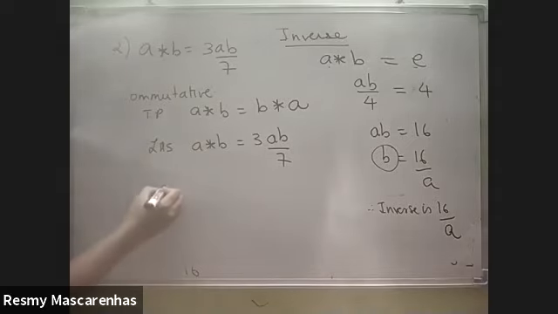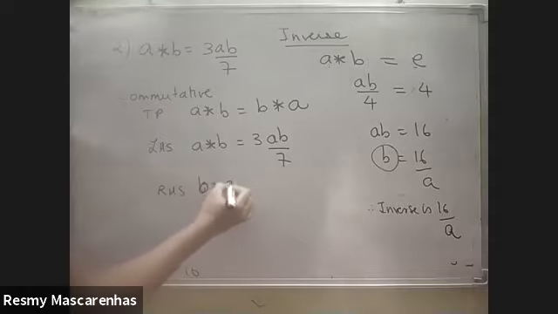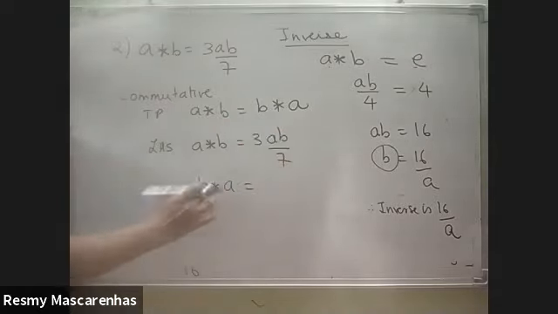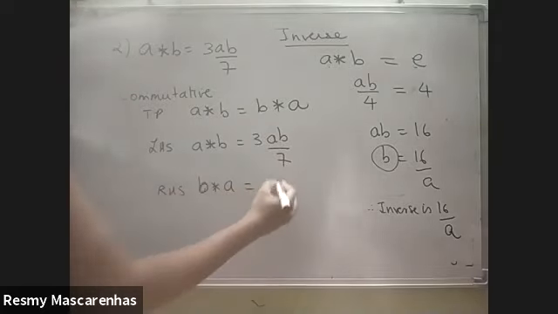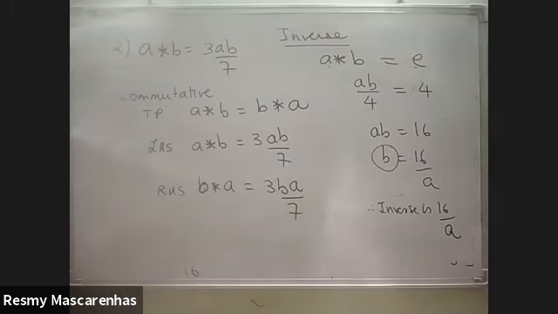Now take your right hand side. It will become the opposite, no? Instead of B, this will come first. In the same formula, imagine that instead of A you have B, and instead of B you have A, and substitute accordingly.